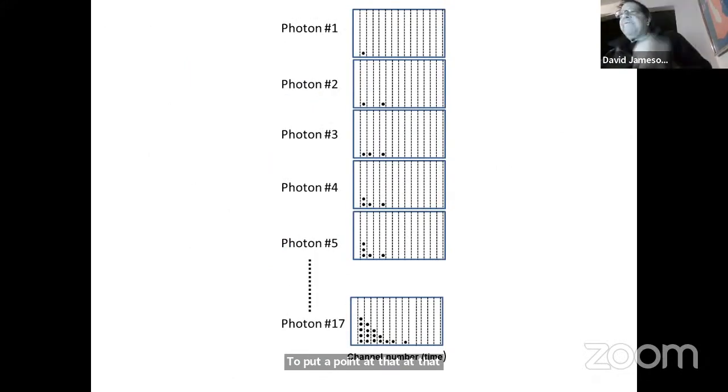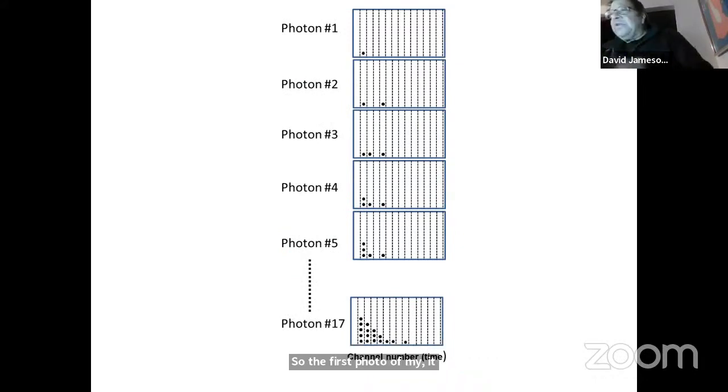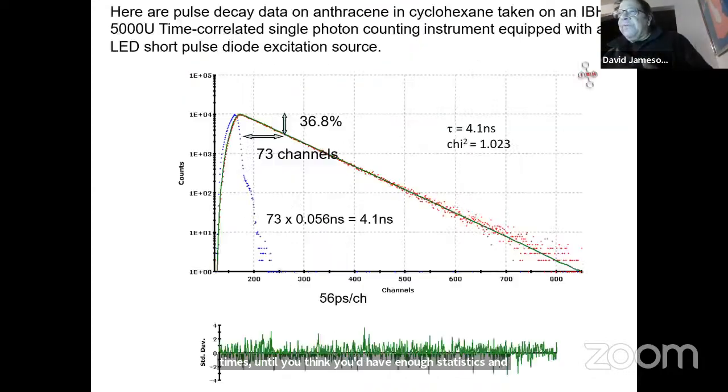So the first photon that arrives might go in this register. The next one goes in a different one, photon 3, a different one. And you repeat this process thousands of times until you think you have enough statistics, and you build up the histogram that I showed before. So it's just a question of one photon at a time.